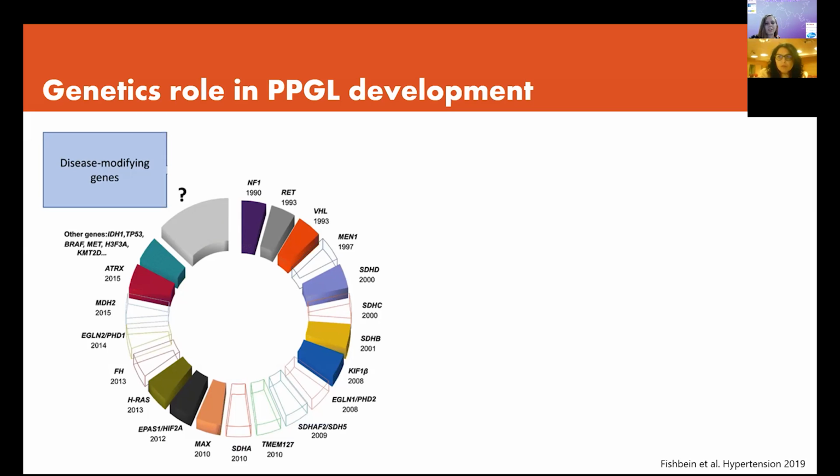Those are genes involved in formation and development of those tumors. We know already about over 20 genes, 22 or 23 genes are discovered, and they are actually involved in about 40% of cases of patients with PPGL. And I'm talking about germline mutations, those mutations that can be inherited and passed to the next generations.